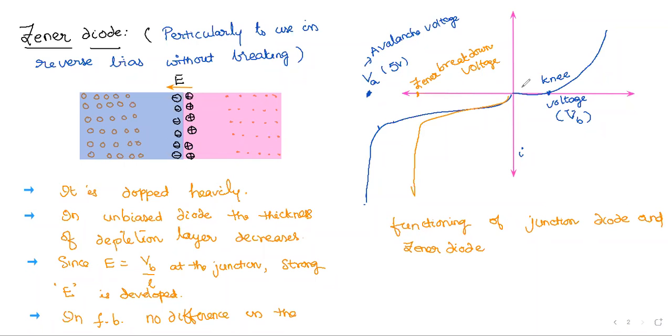Why? Because that is in forward bias. Forward bias, we did not find any difference. That will be like this is the knee voltage and as usual exponential curve. This is for both junction diode and Zener diode.